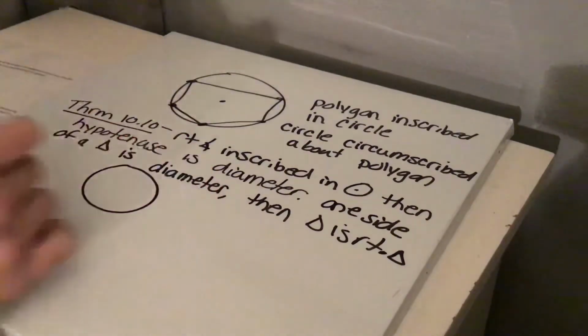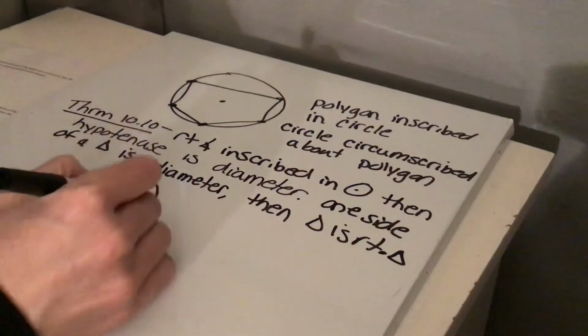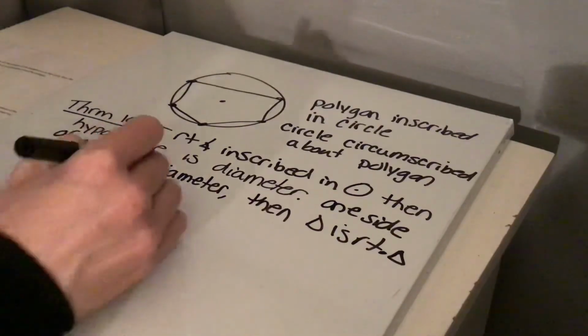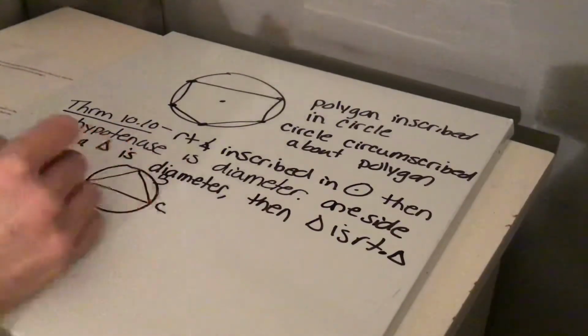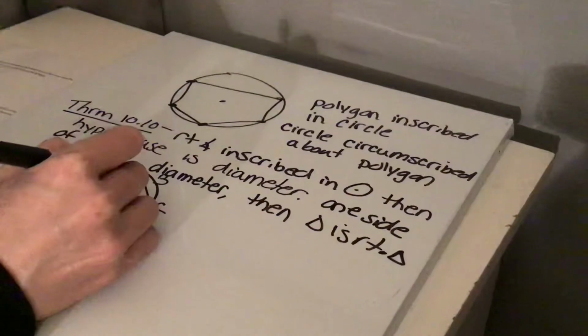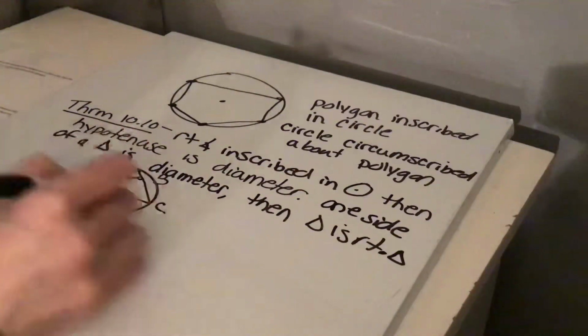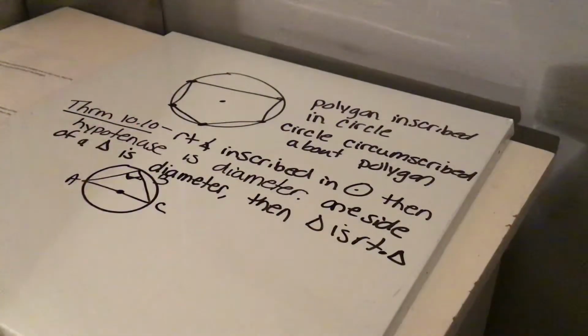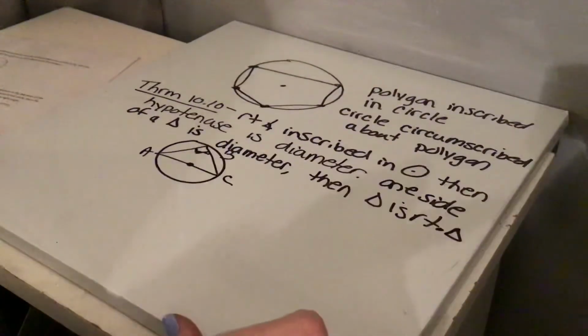So if you know this is a right triangle, then you can say that this is a diameter. If you know this is a diameter, you can say it's a right triangle. That's the converse of it as well.